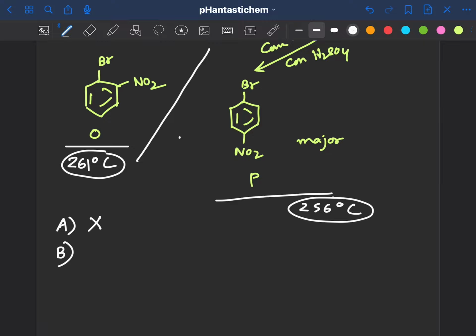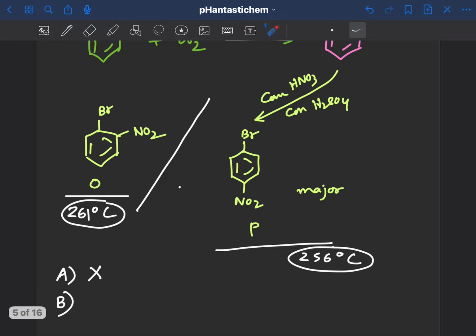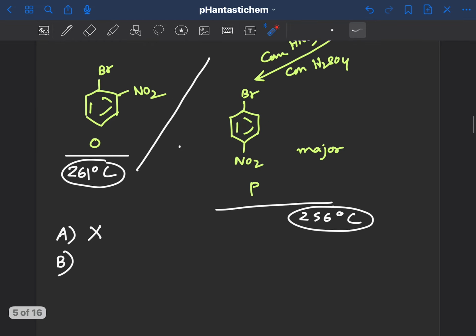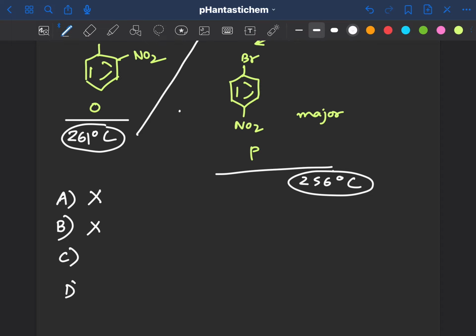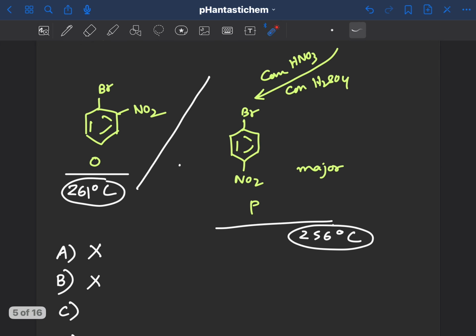B is sublimation. Sublimation also cannot be the answer, because if you want to use sublimation, at least one component should undergo sublimation, that is, it should undergo the solid to gas transition. Neither of them sublimes. So therefore B cannot be the answer. And coming to option D, it is steam distillation. For steam distillation, one has to show intra and the other has to show intermolecular hydrogen bonding.